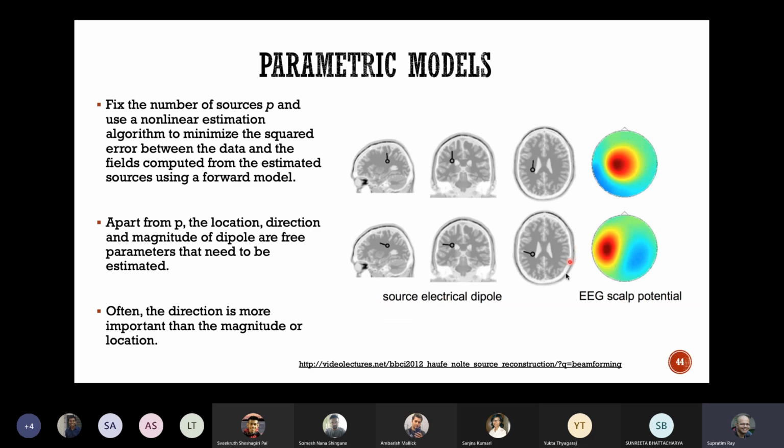Okay, so let's start with a parametric model. We won't spend much time on this. Basically, what you do is you fix the number of sources.